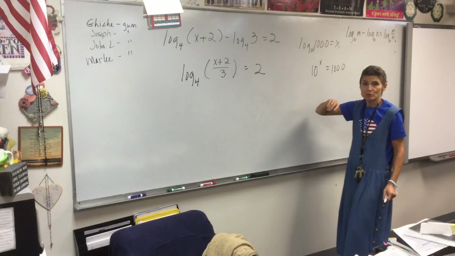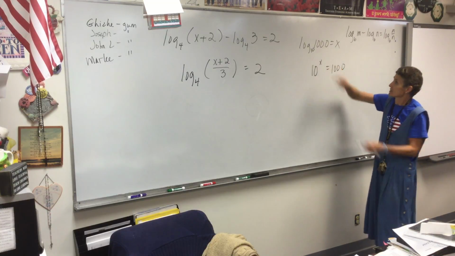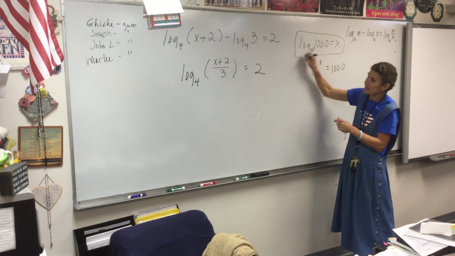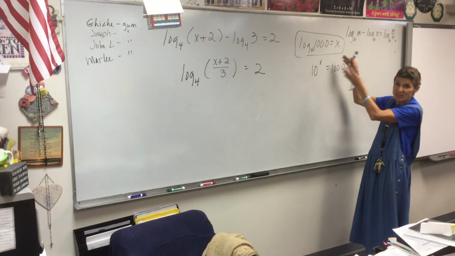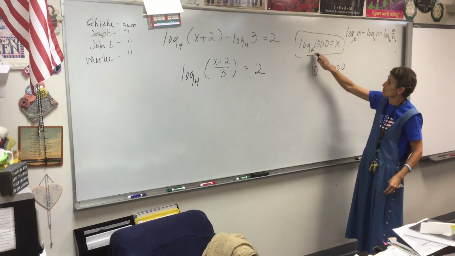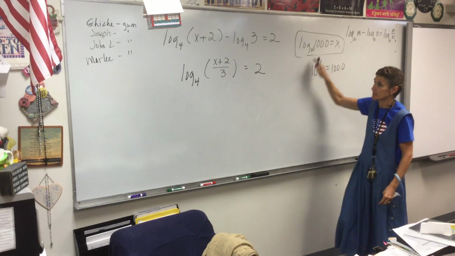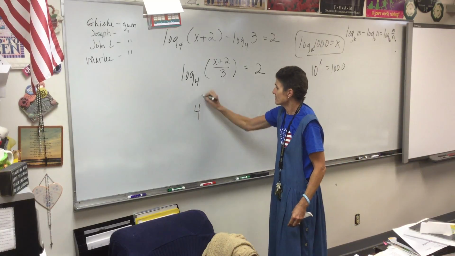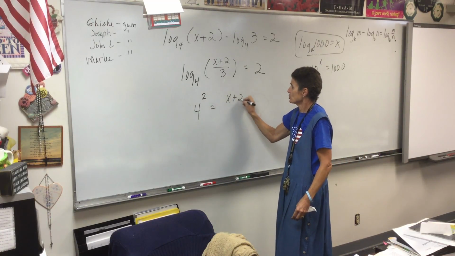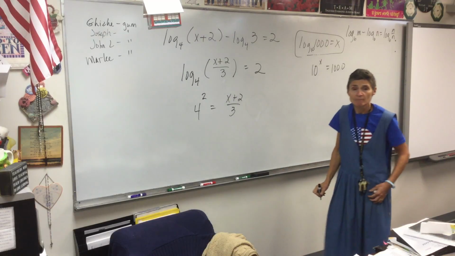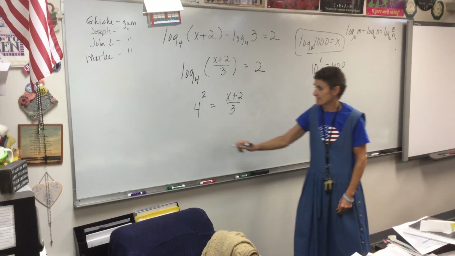As soon as you do that, it looks more like this. It's still more complicated, but it fits that pattern better. So 4 to the second is x plus 2 over 3. So 16 equals x plus 2 over 3.